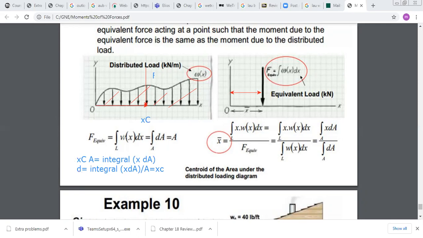So I can conclude, when I have a distributed load, I can replace it by a force equal to the area under the curve, because the equivalent force was found to be integral dA, which is the total area. And concerning the point of application, in order to have equivalent moment, the force should pass by the centroid, because when I found d from the origin, I found that d is equal to integral x dA over A, which is compatible with the definition of centroid position for an area. Okay? Let us do an example so you understand the idea better.